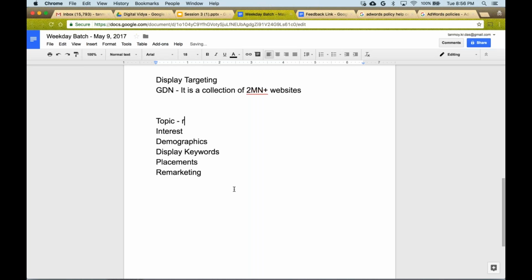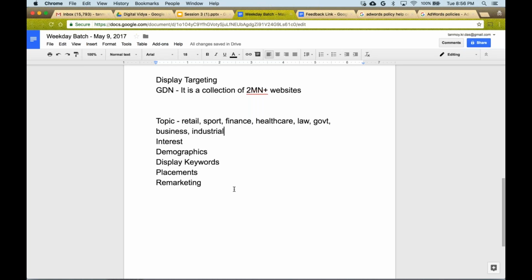Something like this: retail, sports, finance, healthcare, law, government, business, industrial. What they are basically saying is that those 2 million plus websites can be broken down into some retail websites, some sports websites, some finance websites, healthcare websites, and so on and so forth.